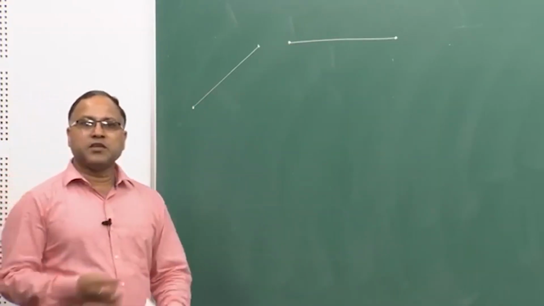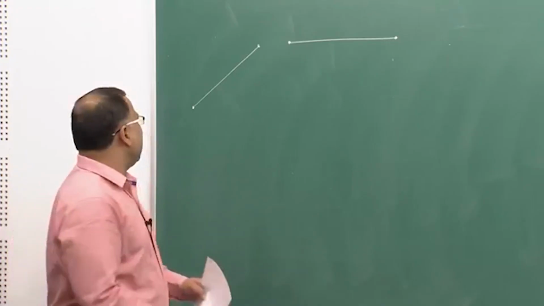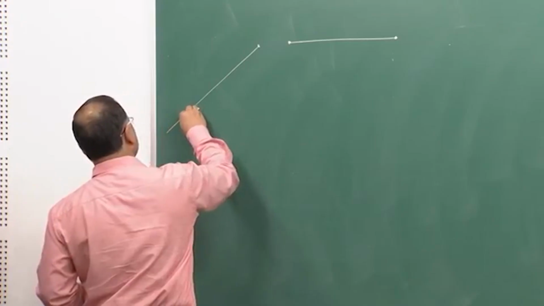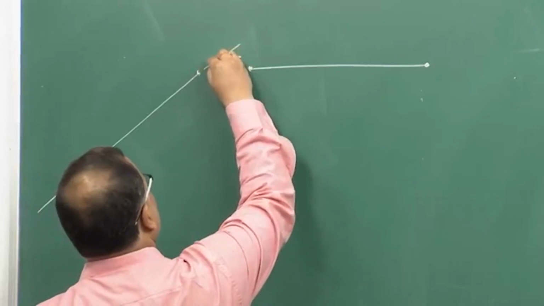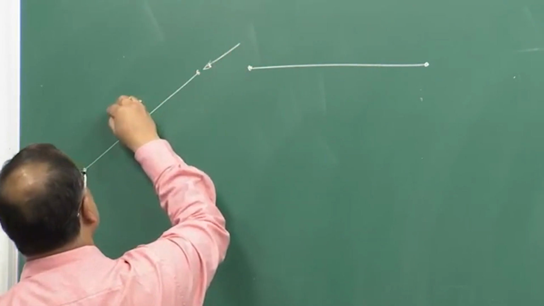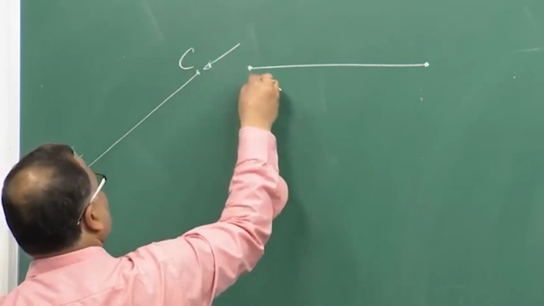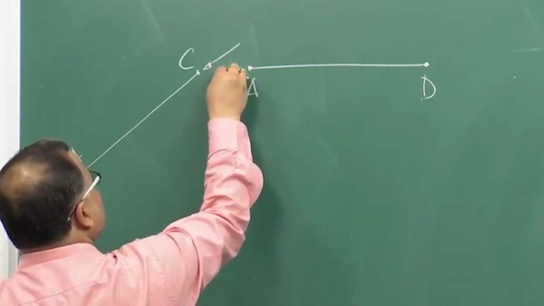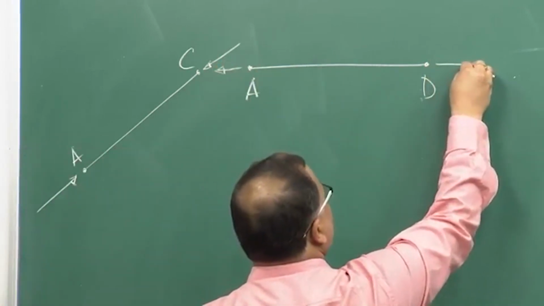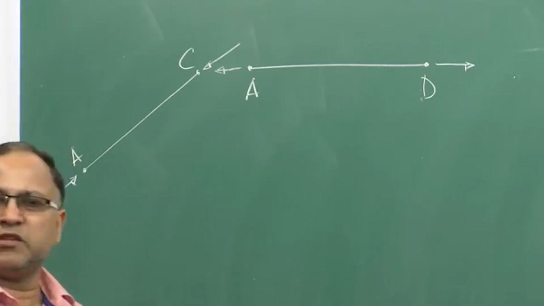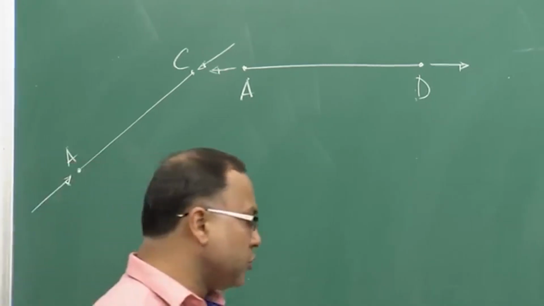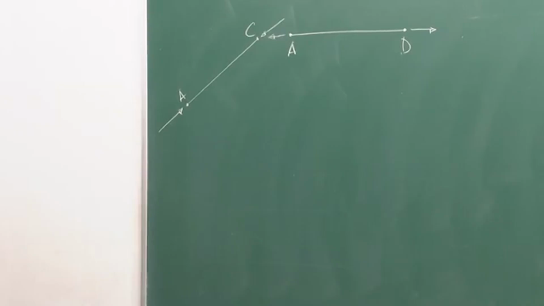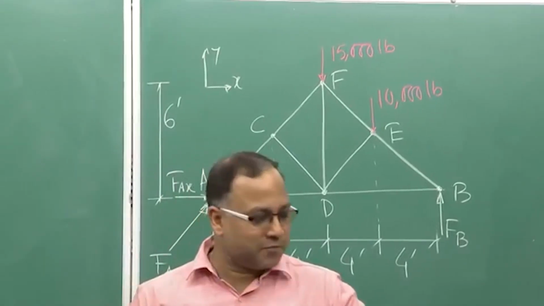What I am considering? I am just considering arbitrarily that let us say AC is under compression and AD is under tension. This is my convention. You can choose both the members under compression or both under tension.